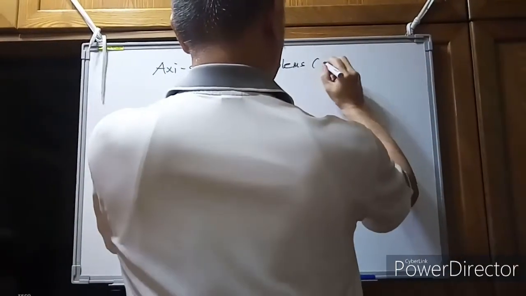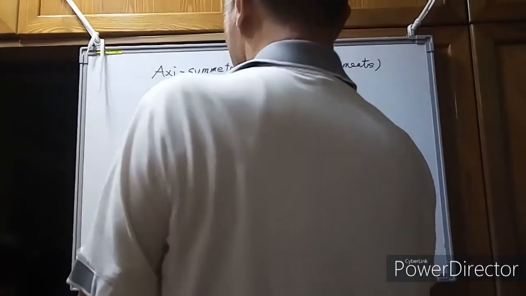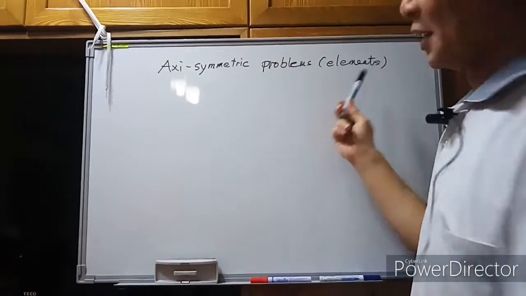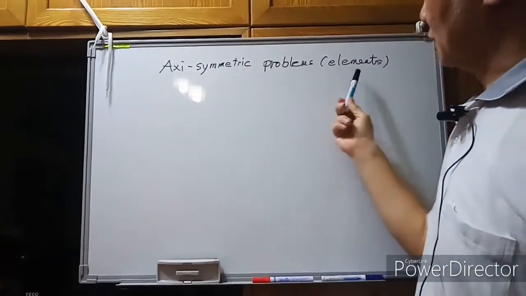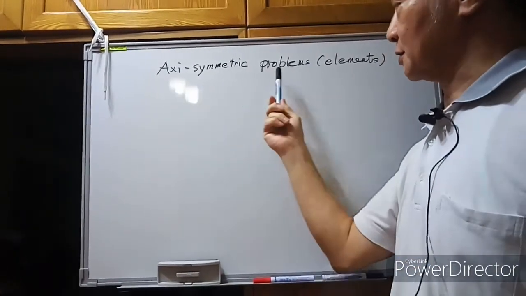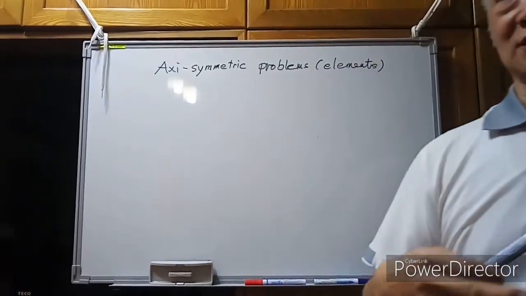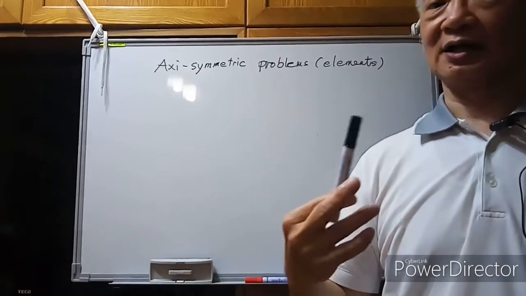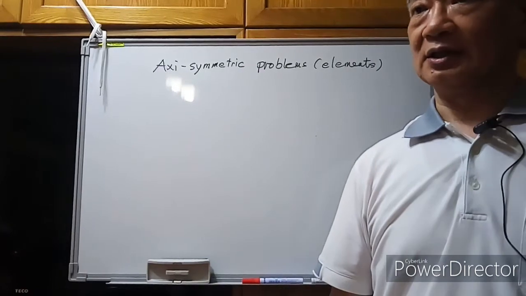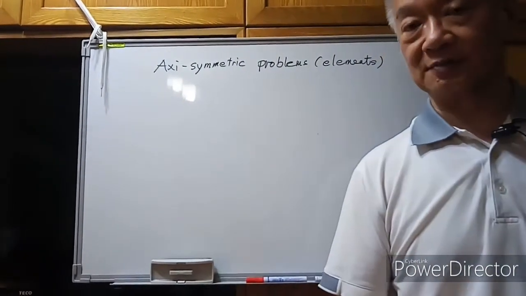Or you can say, okay, we will derive the axisymmetric elements. The axisymmetric elements are derived to solve the axisymmetric problems. Okay, first you need to understand what kind of problems the axisymmetric problems are, and why we call this type of problems axisymmetric.